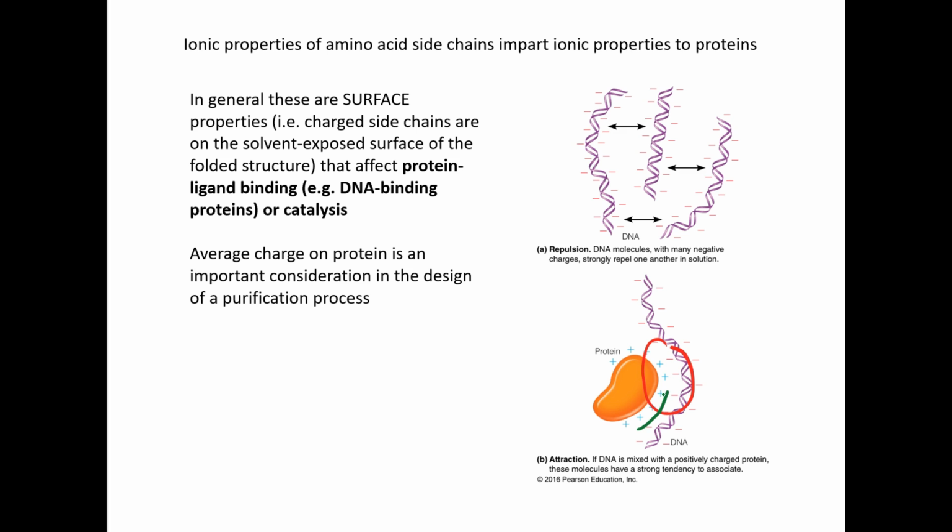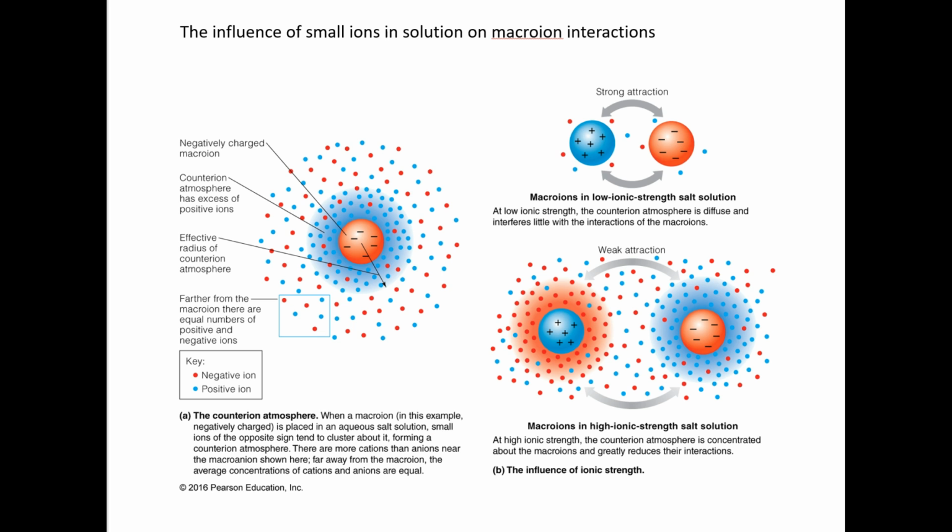Now, that's all well and good. However, if you have other charged species in solution, and salt water is exactly that scenario where you have a bunch of cations and anions in solution, it alters the way the large ions or macro ions can interact because you get a shielding effect.